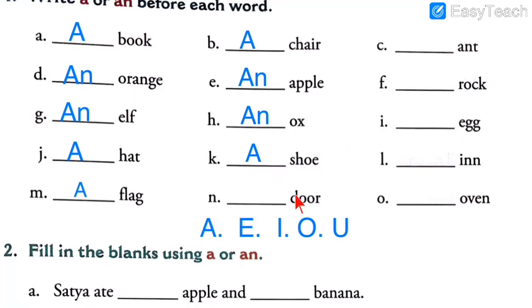And let us solve the last one. Dash door. Dash door. The word door starts with which alphabet? D. Yes, D-O-O-R. So it starts with D. So is D a vowel or consonant? A, E, I, O, U. No, D is not a vowel.